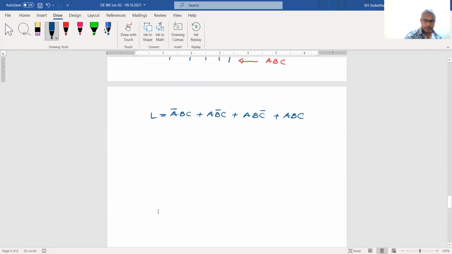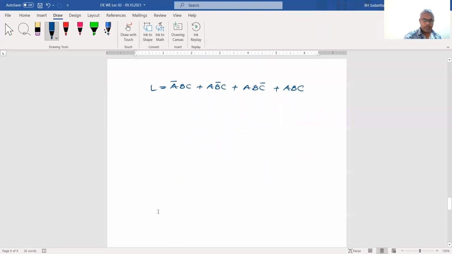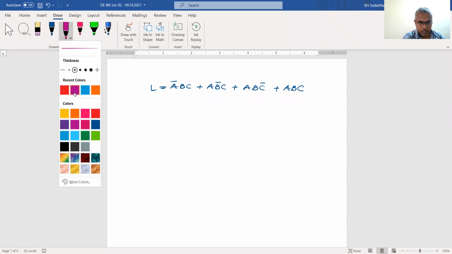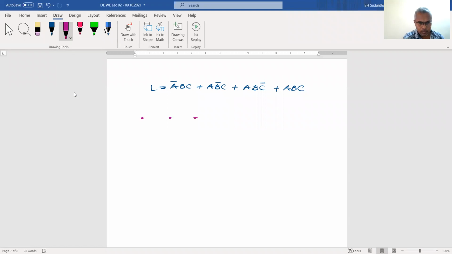Okay. Then we have to draw the circuit. ABC, we want to make this A bar.